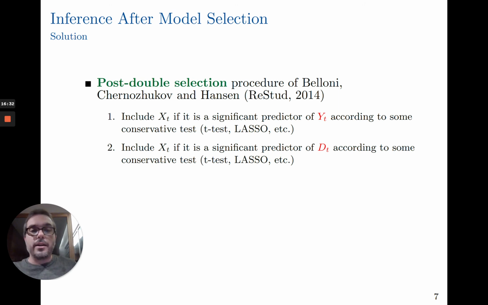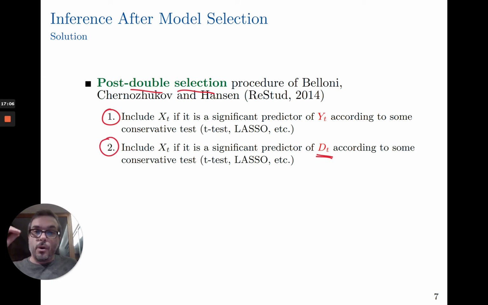So we are going to run a regression of our variable of interest d on all the controls x, okay? And if any of the x's appear to be significant, we are going to include them. So we are going to test in two equations. That's why it's double selection, because we are selecting x in two equations.